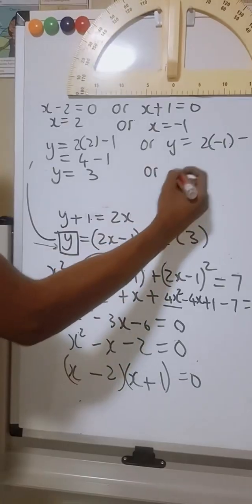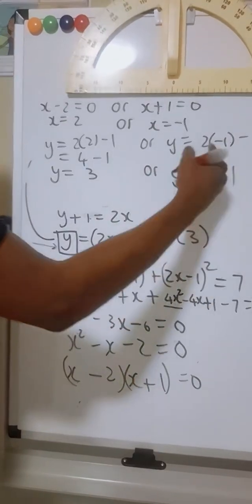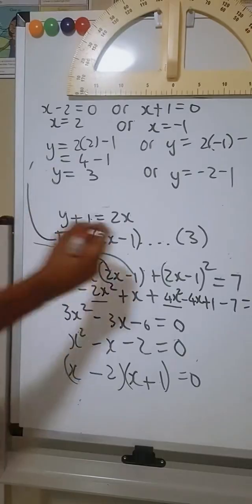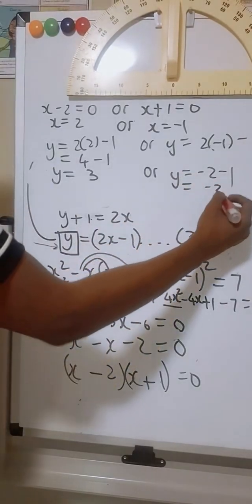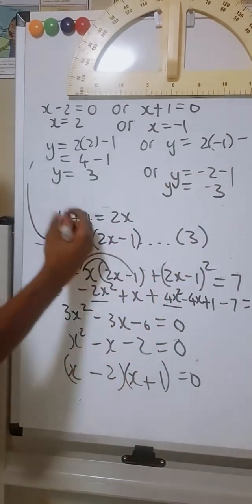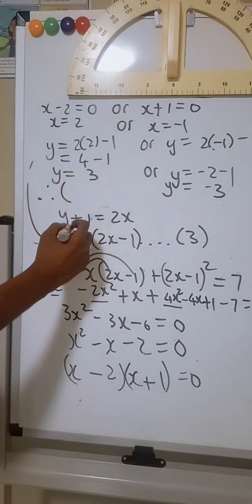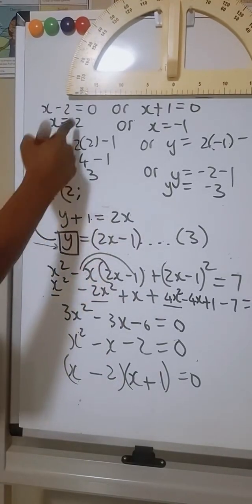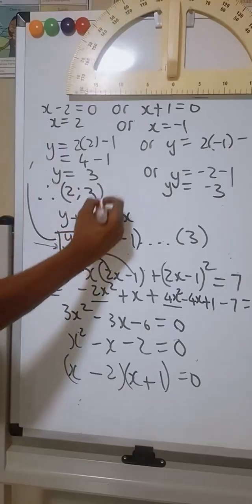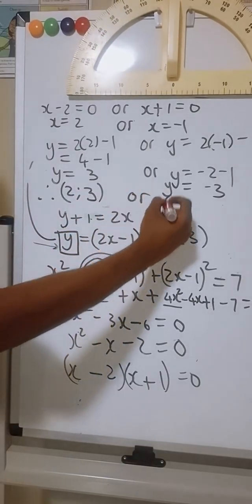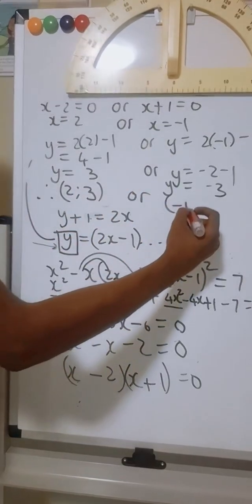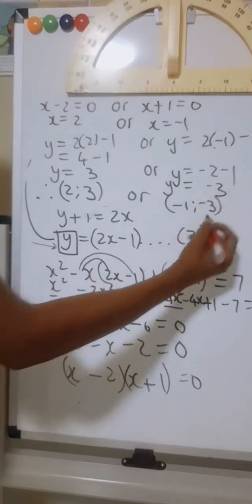This side, y is equal to negative 2 minus 1. 2 times negative 1 is negative 2, which is negative 3. So we can write our answers. X is 2 whilst y is 3, or x is negative 1 whilst y is negative 3.